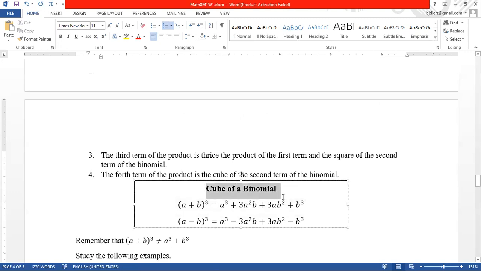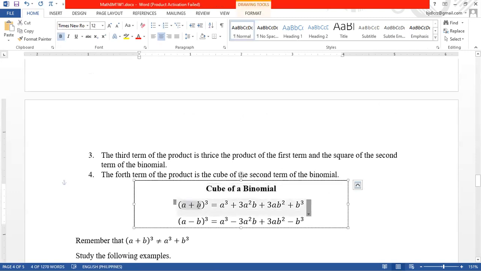So for the cube of a binomial, with the quantity of a plus b raised to the power of 3 or cube. So you're going to cube the first term, thrice the product of the square of the first term. So gisquare na to si first term, which is si A, and multiply to B, plus thrice the product of the first term and the square of the second term.